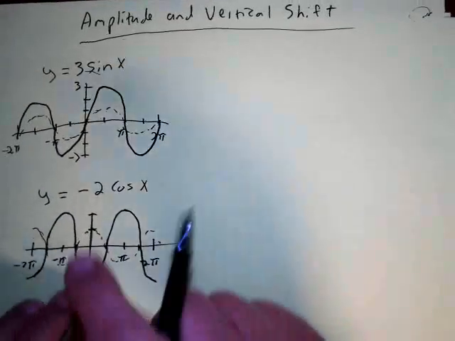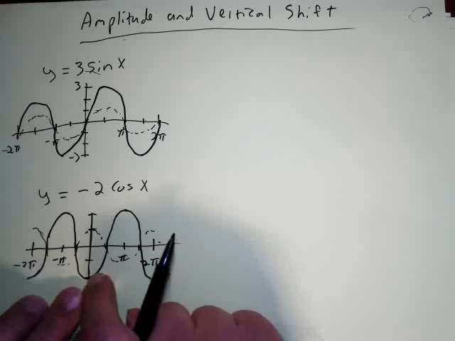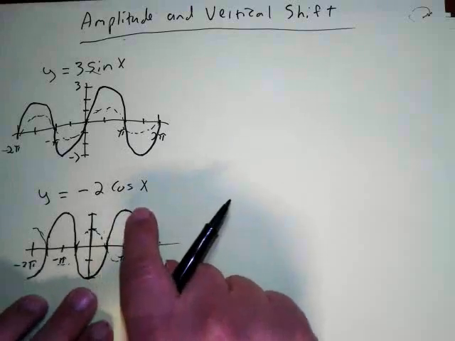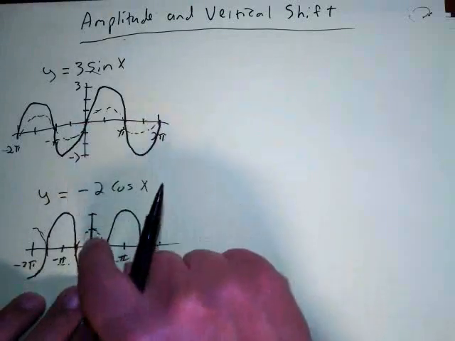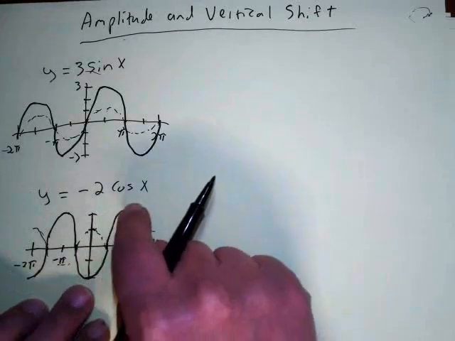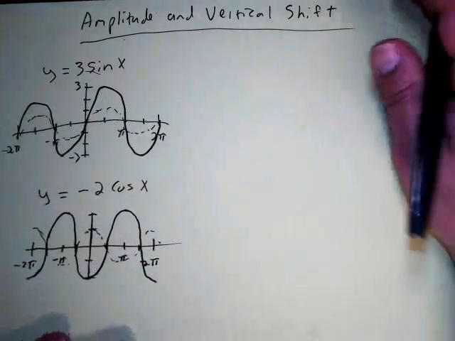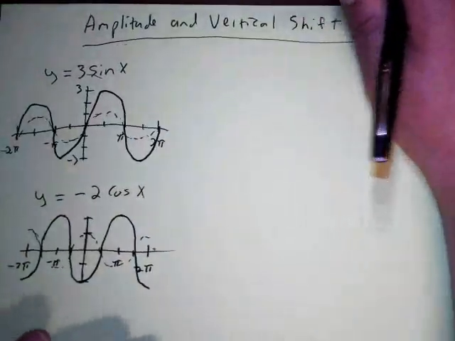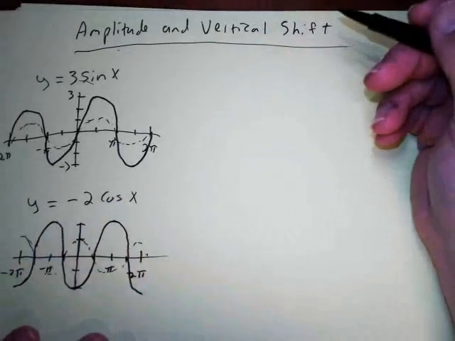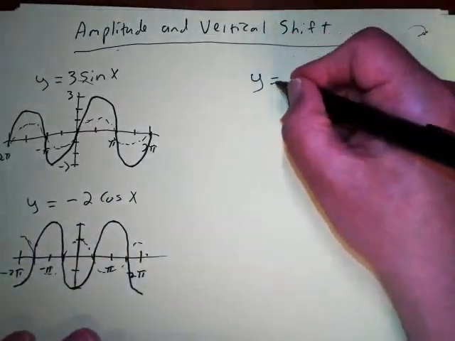And one nice thing about this cosine here is that it starts at a minimum value and keeps rising, right? Because normally it starts at a maximum value, goes down. Well, this starts at a minimum value and keeps rising like that. So that's really kind of nice. The vertical shift then, let's do an example of that.